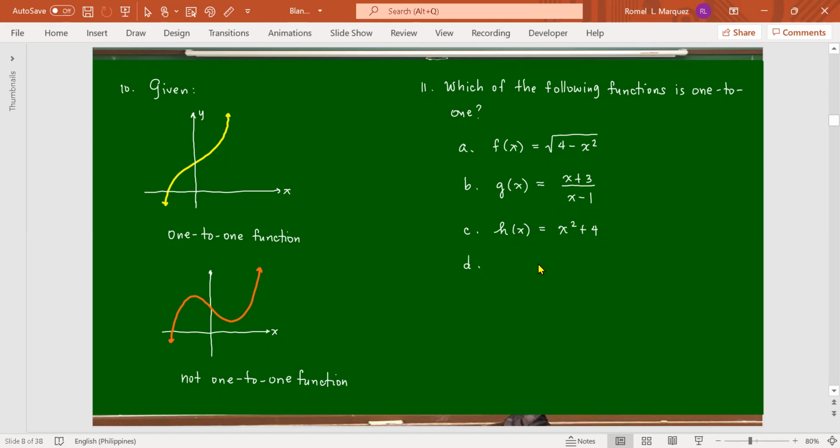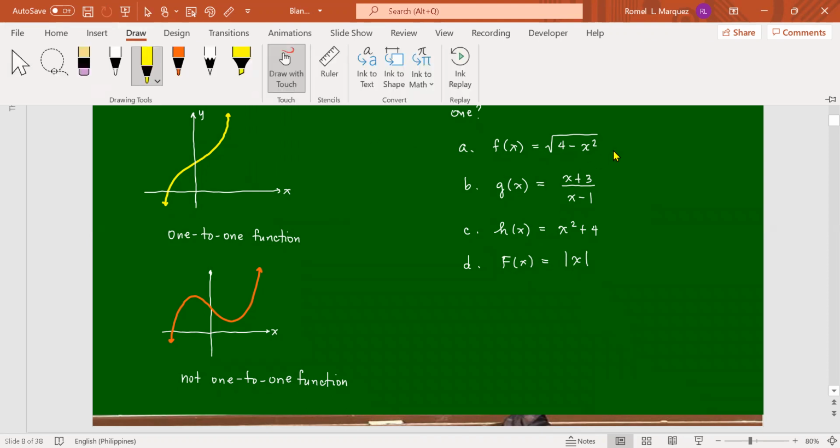And letter D, big F of x is equal to absolute value of x.